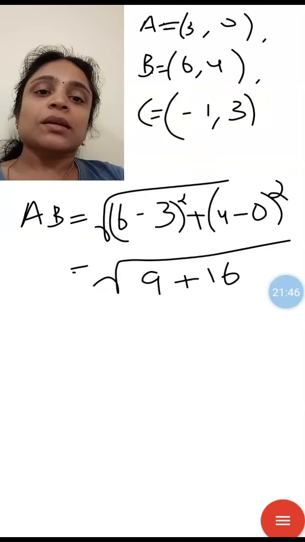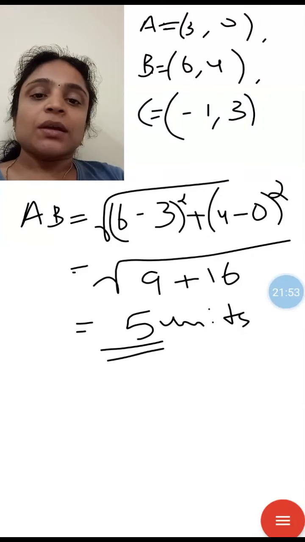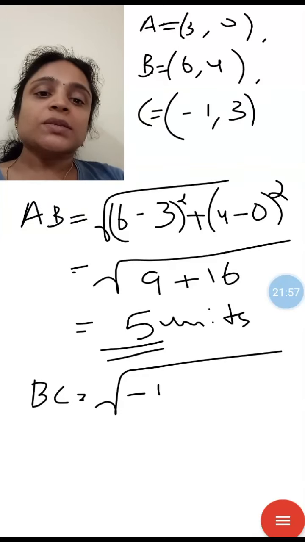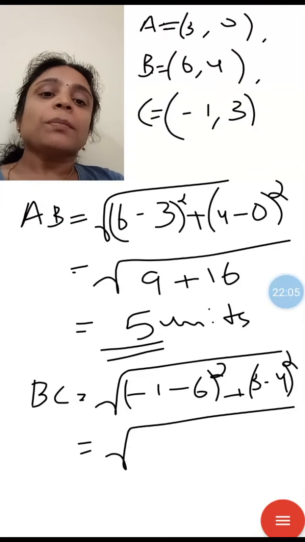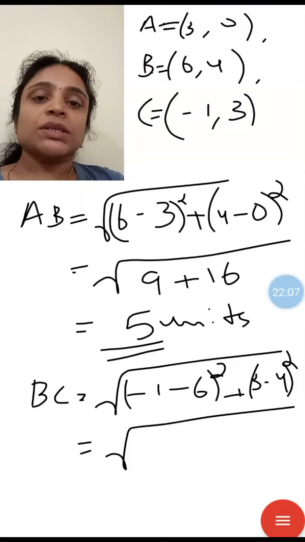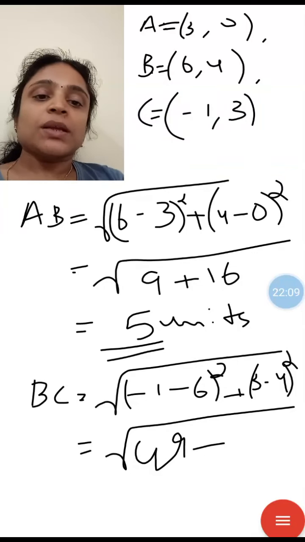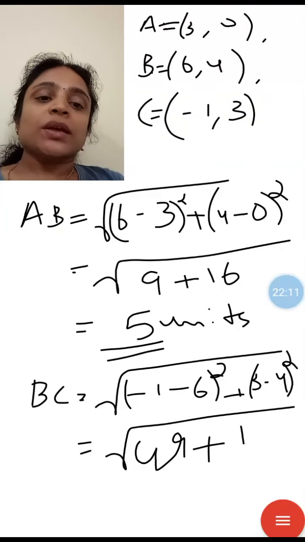So you will get AB equal to 5 units and BC equal to root of -1 minus 6 the whole square plus 3 minus 4 the whole square, which is root of -7 whole square, which is 49, plus -1 square is 1, root of 50.